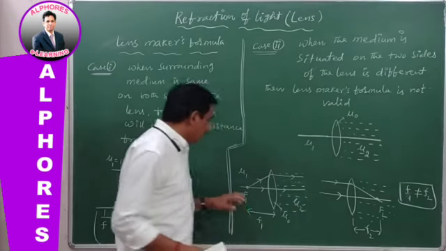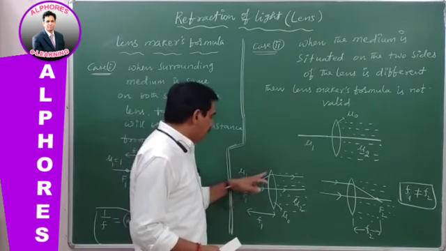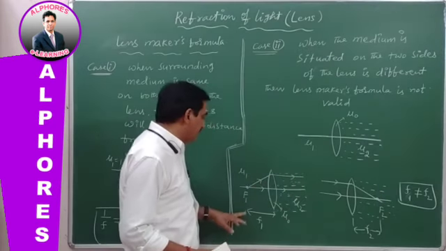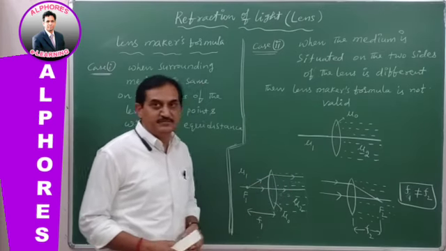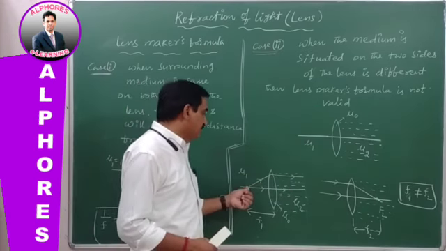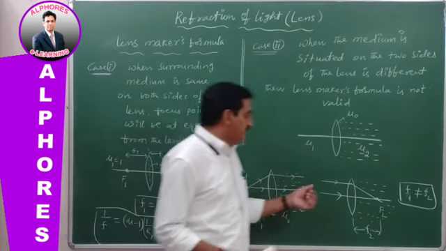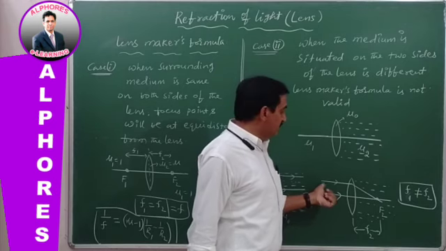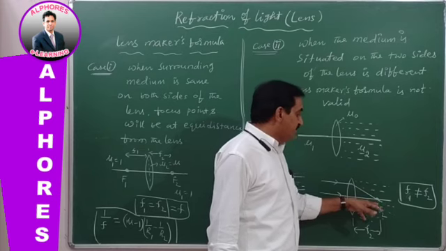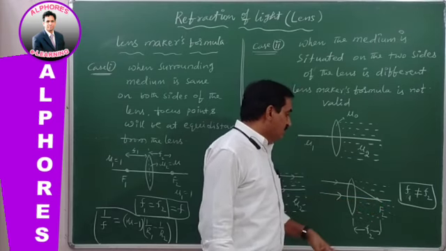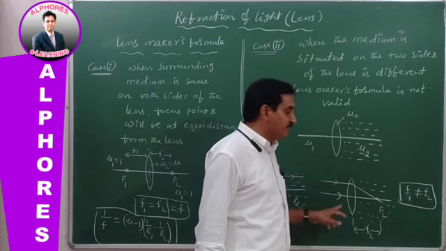In such a case, your first focus point is f1. The light after refraction becomes parallel here. This is the first focus point. So whenever after refraction light becomes parallel to the principal axis, then the object position is taken as the first principal focus f1. And when a parallel beam of light is incident on this lens, it undergoes refraction giving its image, and the image position from the lens is taken as the focal length, that is the distance of the second principal focus.